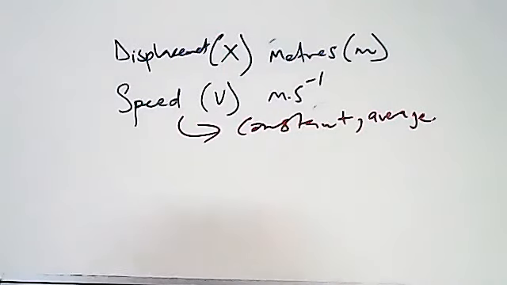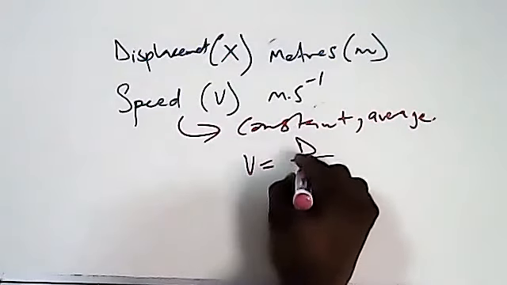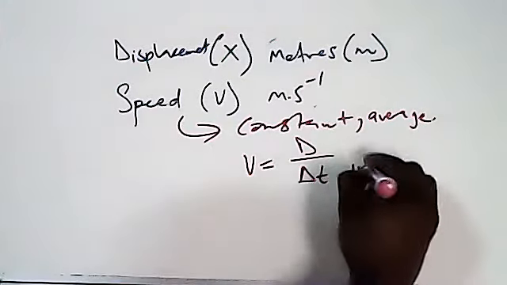And then the formula we use for speed is given by what? By distance over change in time. And then we also have another term, which, before I forget, we call the instantaneous speed.